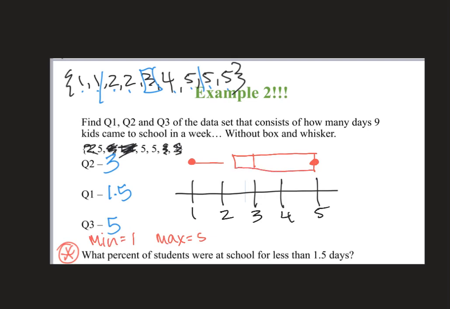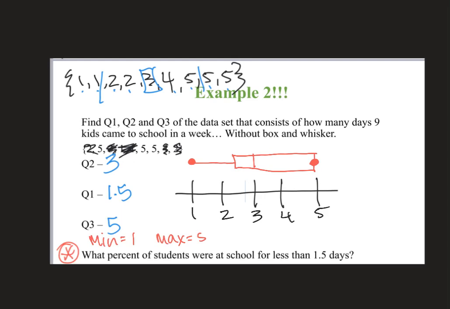So if you notice, my max falls on the same line as my Q3, okay? And that is okay. So each one is 25%. So even though we have 3 spaces here, number 5 is 25%. Okay, so 25% of my data is at 5.